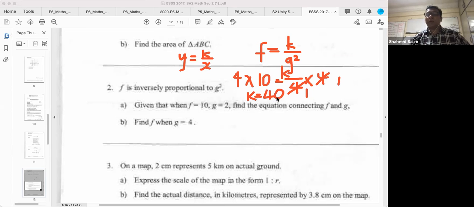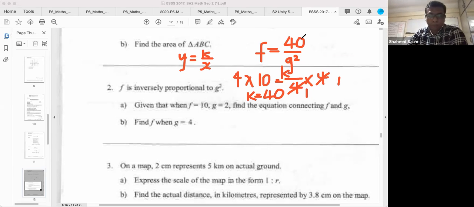What equation do you write? You change the k now. Now you know what k is. We already found k is 40. So now what is the equation? Do you get it or not?